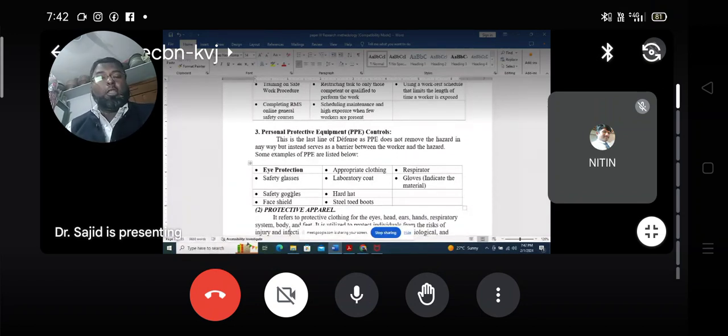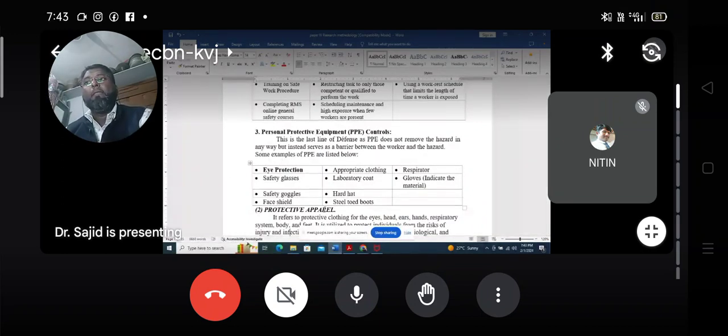Appropriate clothing: you have to use proper clothing when you are working in any lab. Then the laboratory coat, or you can call it an apron. The teacher asks you, please wear the apron while performing the experiment. Many people ask why the apron is required, but the apron is very much required. Hard hat, steel-toed boots, proper boots should be there, respirator, and gloves. These are the PPE, the personal protective equipment. The PPE kit consists of these things.